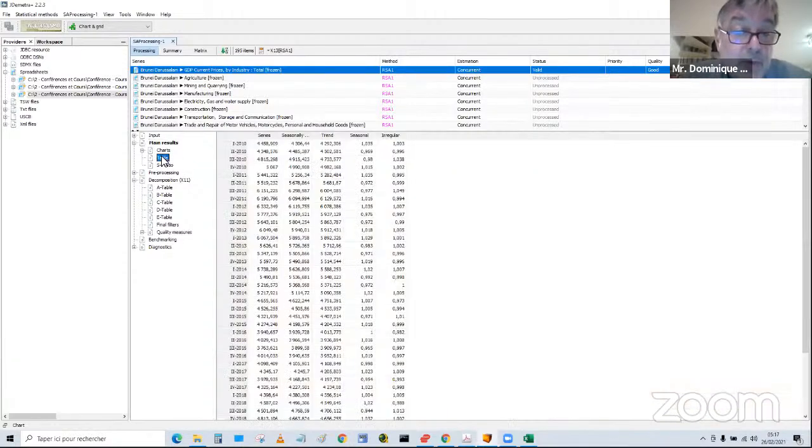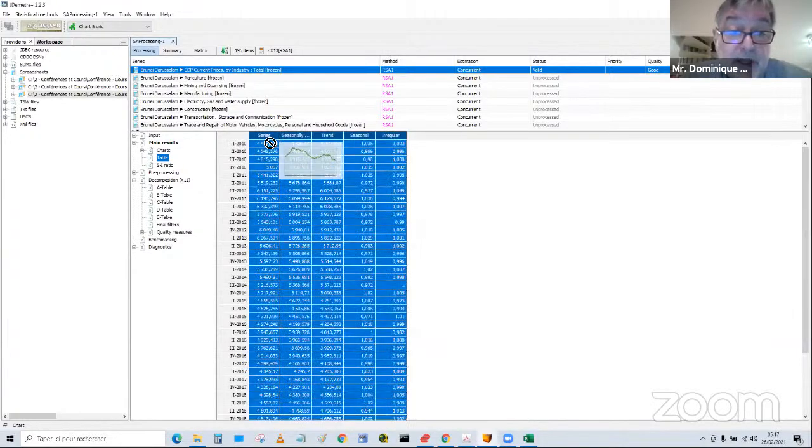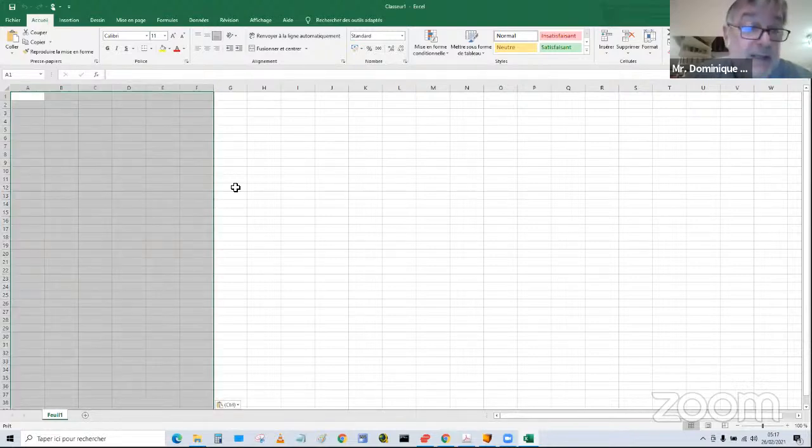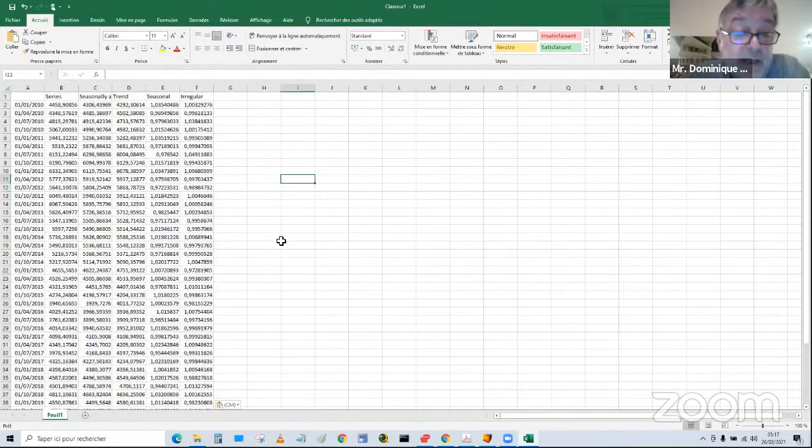I can go to the table, select the table, and put it in Excel. And then in Excel, I can do the graph I want, use the legend I want, do everything I want. It's not a problem to export things. I did it manually right now. Next week, we will see how to do it automatically.